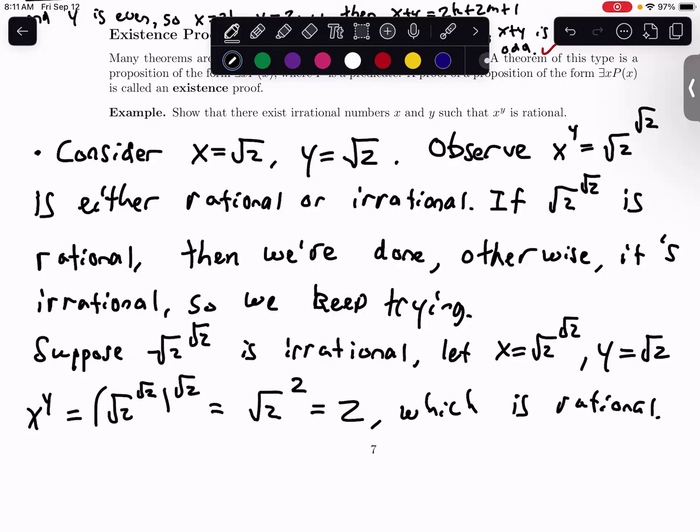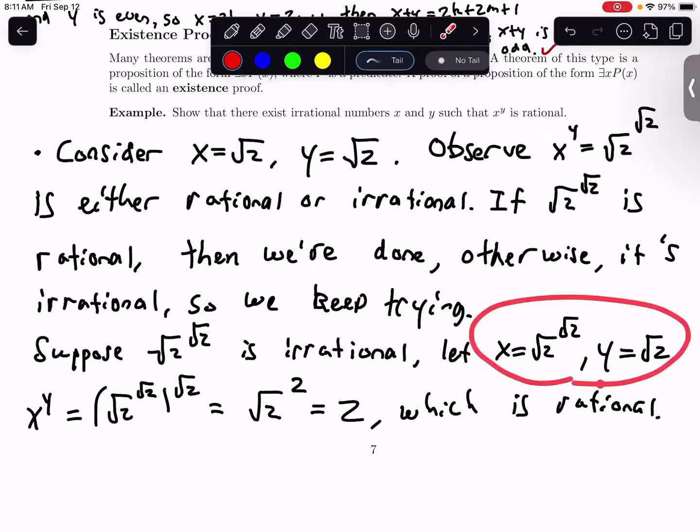And so the main observation is we either have that this is rational, or if we do this combination of numbers, it's going to be rational. So no matter what, we ended up finding some pairs x and y such that if you do x to the y power, it's going to be rational.